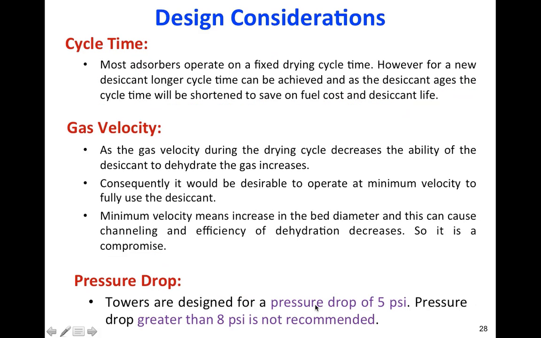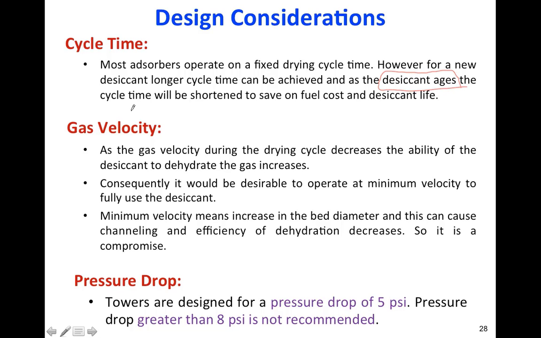The cycling time, the switching time between regeneration and adsorption, also depends on the dew point, or the degree of adsorption that we want, and also on the age of my solid particles, the desiccants.